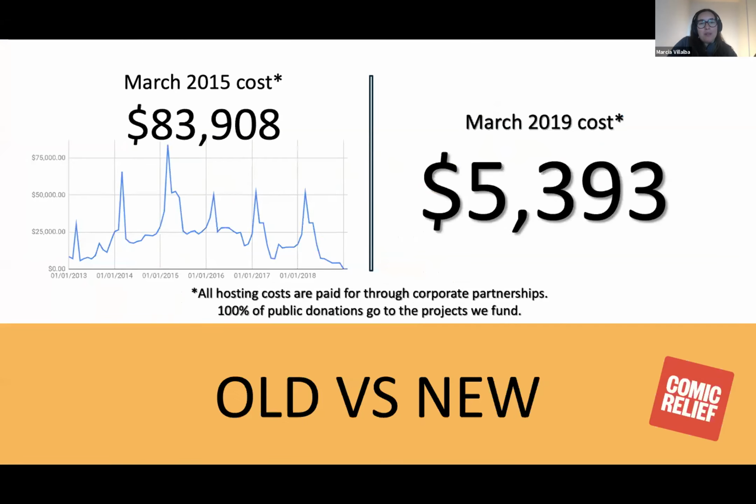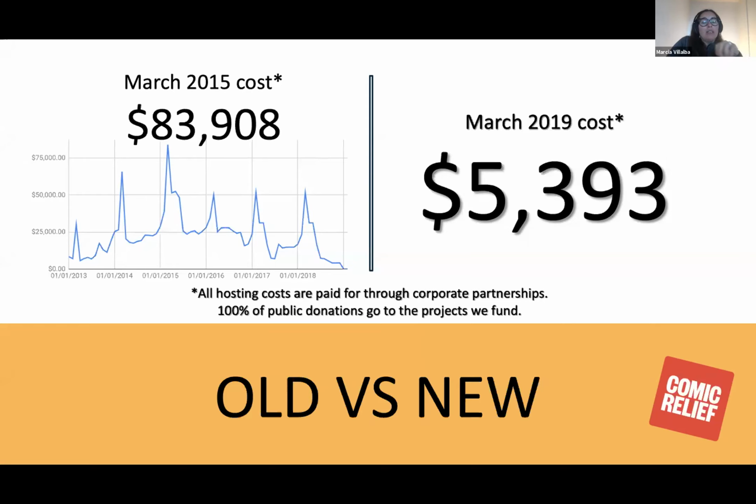And one of the most interesting graphs, I think, that they had is the cost. Before starting their process of migration in 2015, they had $84,000 of cost per year in all their computing and storage and whatever IT things that they had with their Drupal and all the stuff.